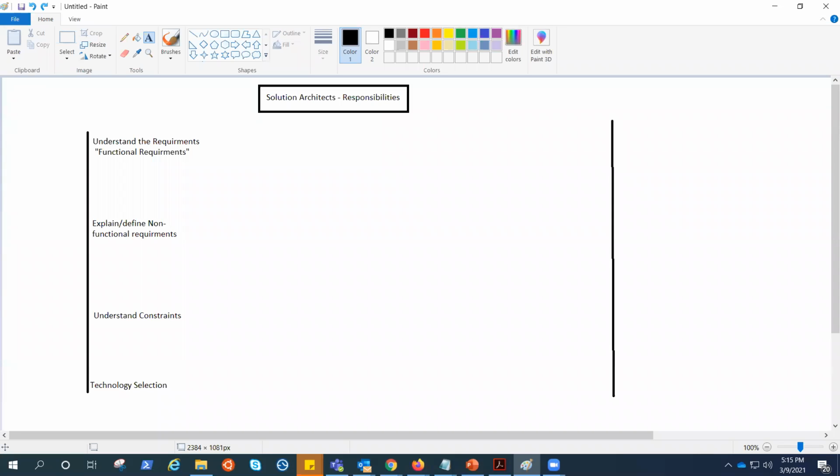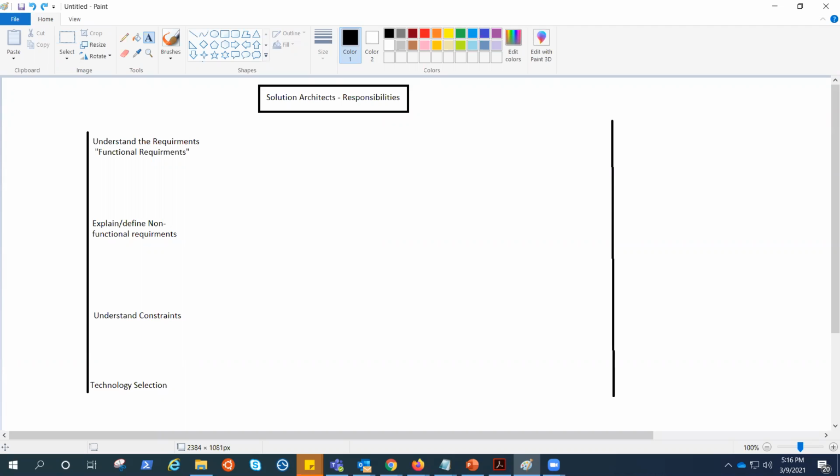So the solution architect needs to have a breadth and depth of technologies to make the right decision, since the chosen technology stack can impact the overall delivery of the product, right? So each problem can have multiple solutions.